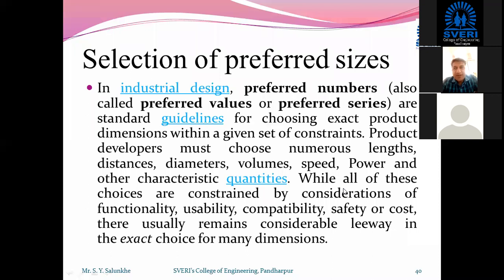Compatibility is also one more important point, because nowadays you know that the whole machinery is not manufactured under one roof. Some of the components are manufactured somewhere else, some at a different location, and afterwards we assemble them together.